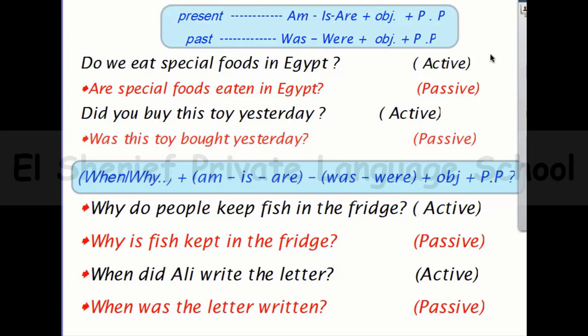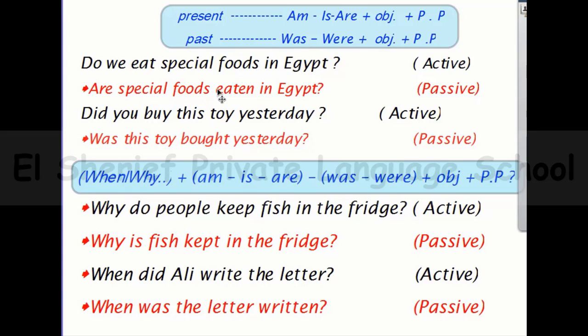Let's turn to the yes or no question in the passive voice. For the present, we will start with am or is or are plus the object plus the past participle. For example, do we eat special foods in Egypt? It's active voice. When we turn it to the passive, we will start with am or is or are. Here we will start with are because foods is plural.